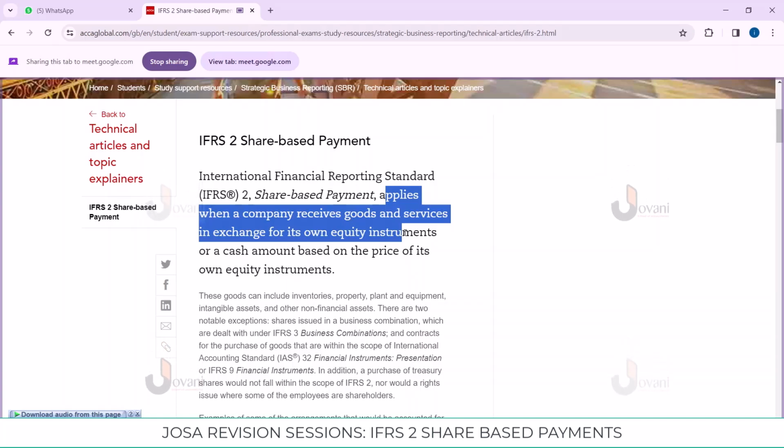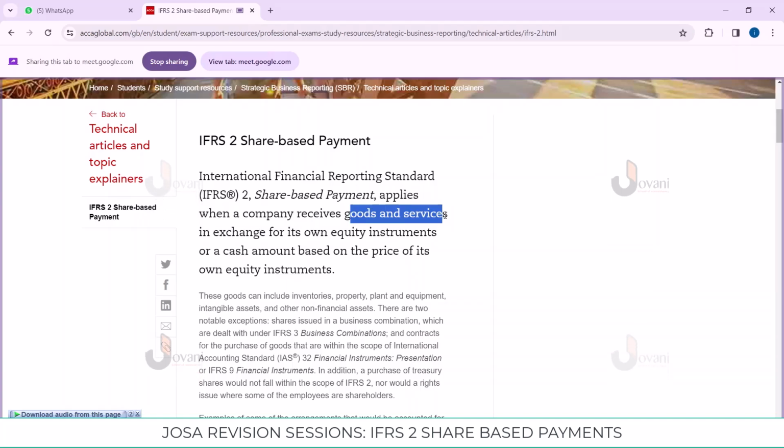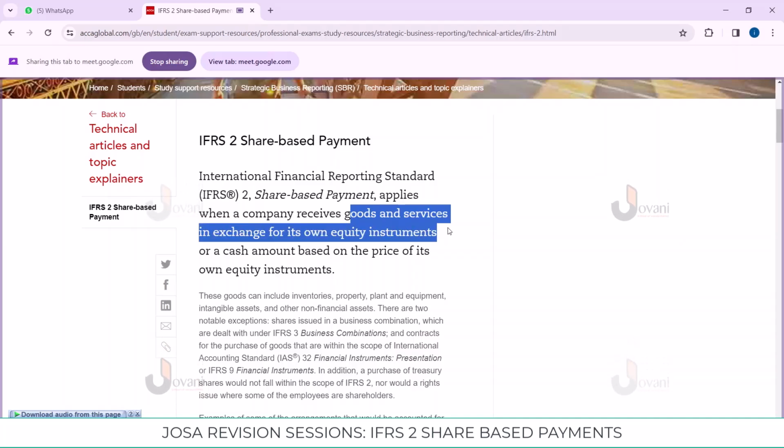Those are the two types. You receive goods and services, and in return, you either issue out equity instruments so that the receiver becomes a shareholder in your company, or you cash them out depending on the price of the shares of your company. And they are telling us that you can, of course, receive goods like inventory, PPE, intangible assets, or other non-financial assets.